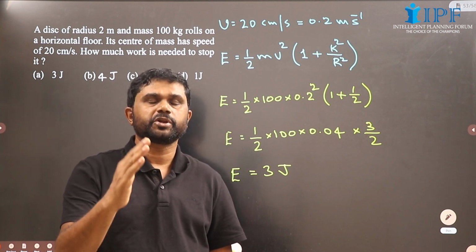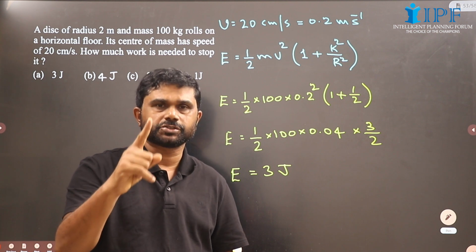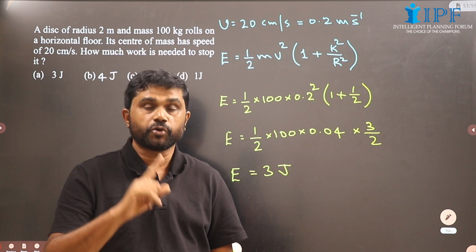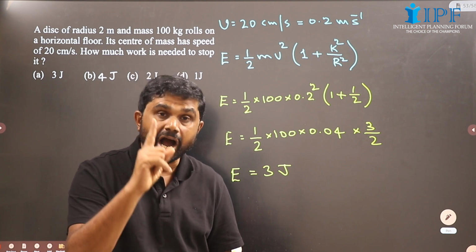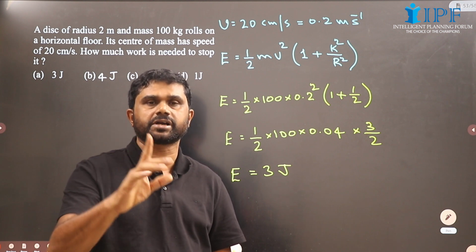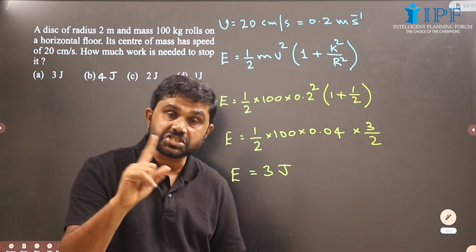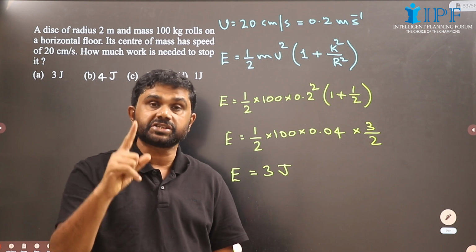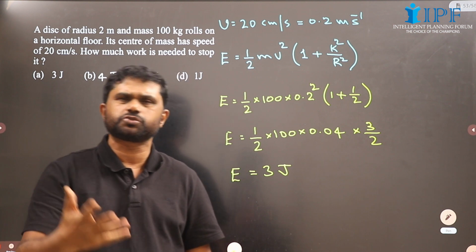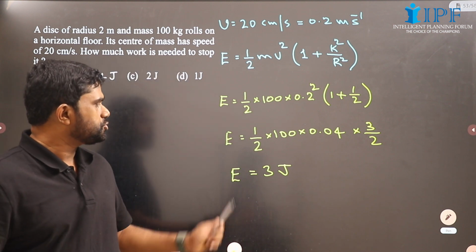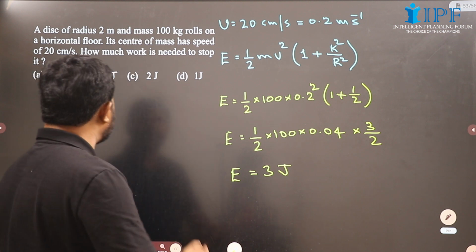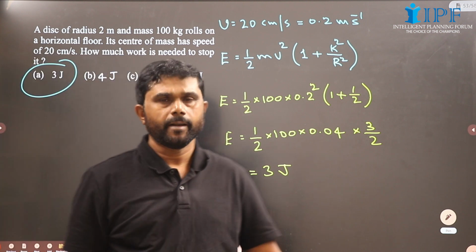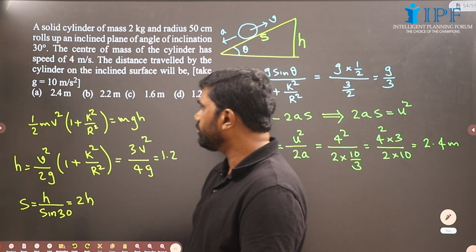For ring, moment of inertia is 1 mr square, so k square by r square is 1. For disc, moment of inertia is half mr square, so k square by r square is half. For a spherical shell, moment of inertia is 2 by 3 mr square, so k square by r square is 2 by 3, like that. So here we will get this as 3 joule, the work done. Now let us see what we have next.